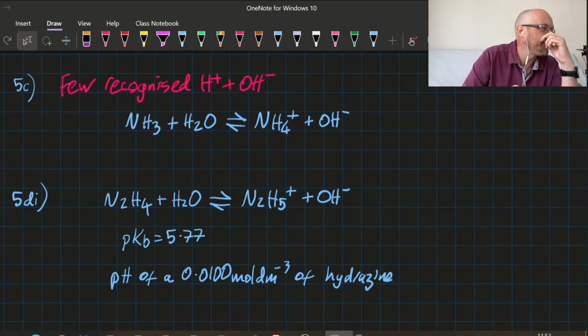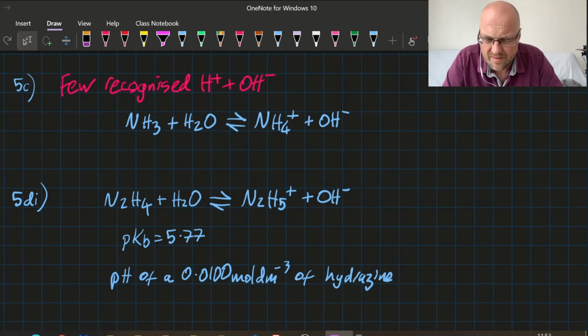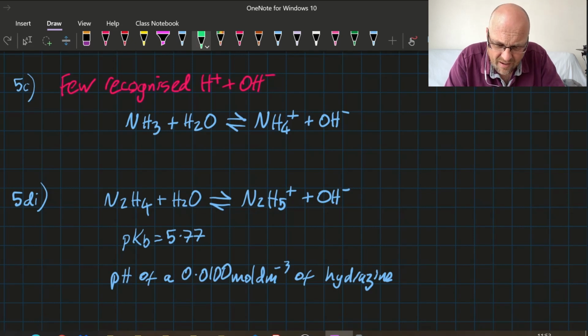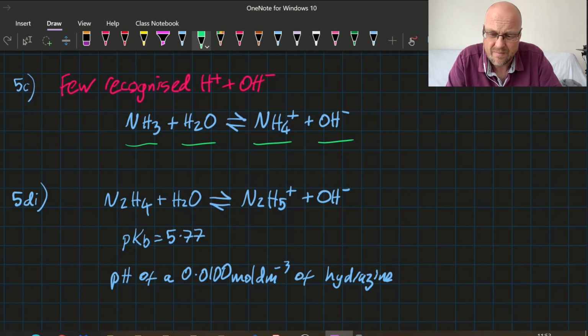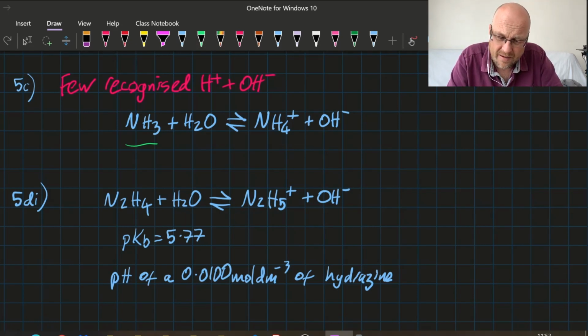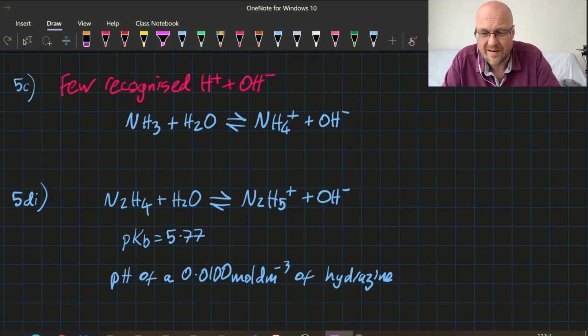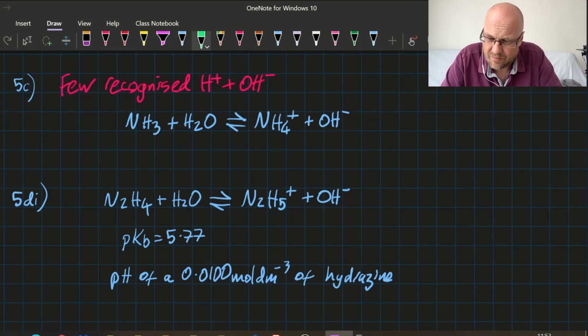Explain the effect of adding H plus ions on the position of the equilibrium. Well, naively, you might think adding H plus ions has no effect because I don't see any H plus ions in the equilibrium. But you'd be wrong, because the fastest chemical reaction in nature is H plus and OH minus.